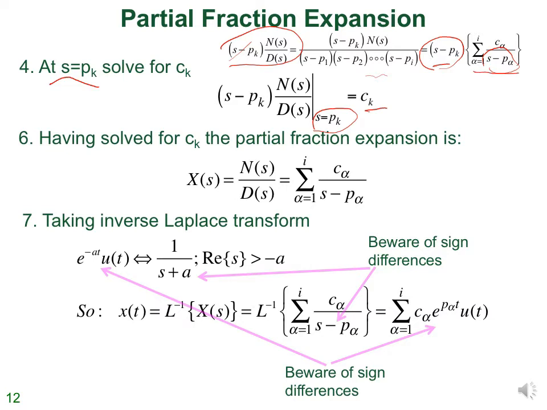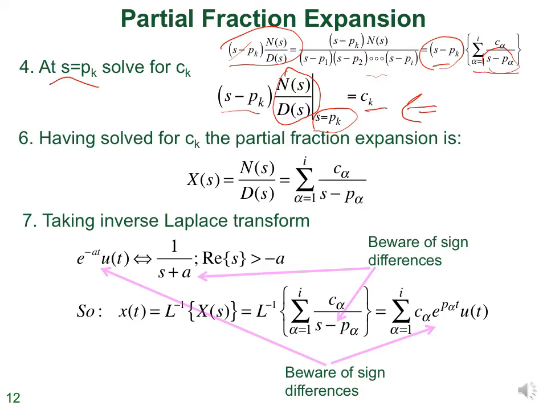And so this is the formula that allows us to solve for each of the coefficients in a partial fraction expansion. We need to find the c sub k's on the right-hand side to break it into its individual terms. So all we do is multiply the whole numerator and denominator by s minus p sub k to solve for c sub k, and also replace s by p sub k.